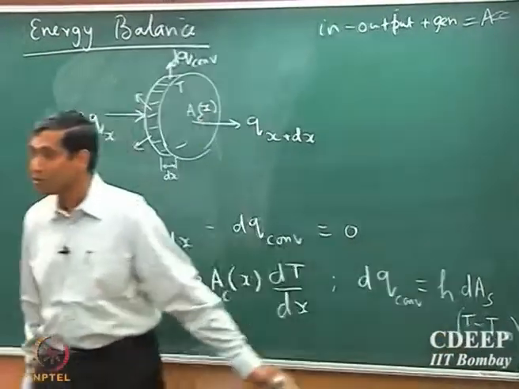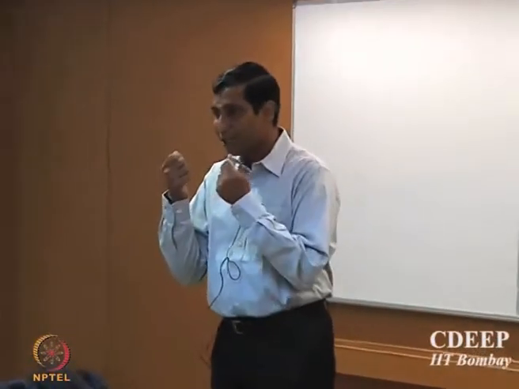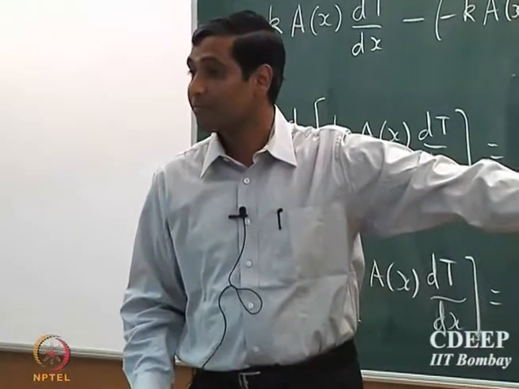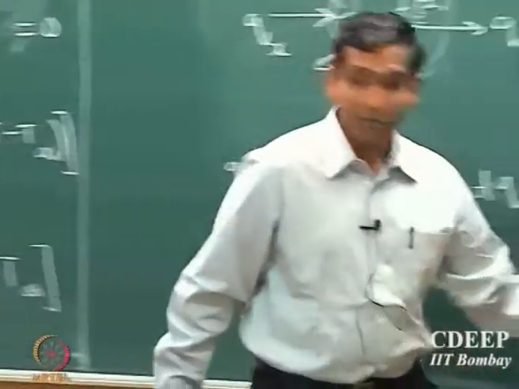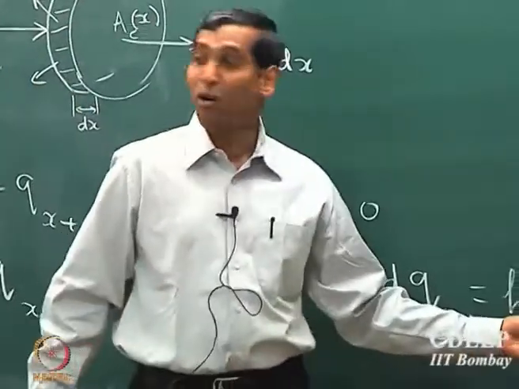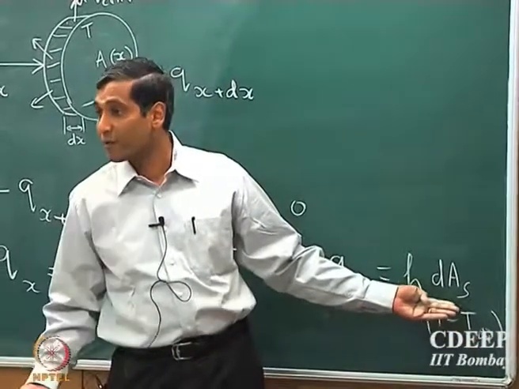This differential amount is because of the differential area and not because of the differential temperature gradient. So, if you use the chain rule, the differential temperature gradient is 0 because you assume that the temperature in the small element is the same, and that is the basic assumption of any differential balance. In a control volume, you always assume that the temperature is constant, and therefore the differential amount of heat transfer that occurs because of convection is because of the differential amount of cross sectional area or surface area which is present.